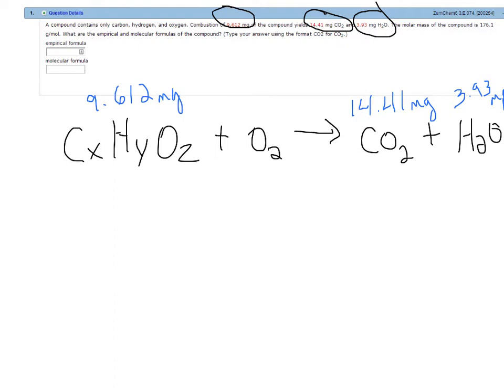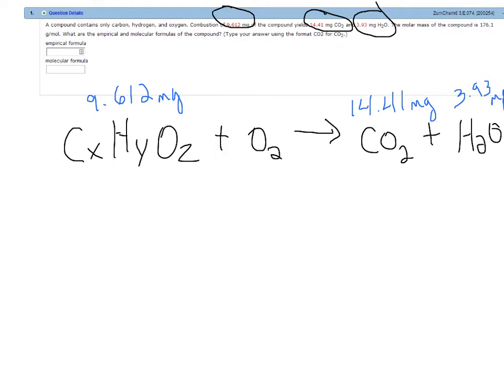When presented with a combustion reaction, notice that on the product side of the equation, the only place that carbon appears is in the carbon dioxide, and the only place that hydrogen appears is in the water. Oxygen, however, appears in both carbon dioxide and in water.